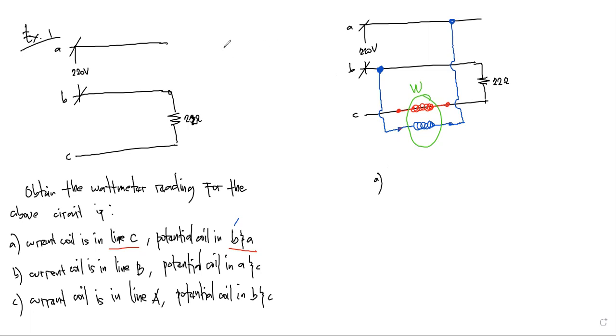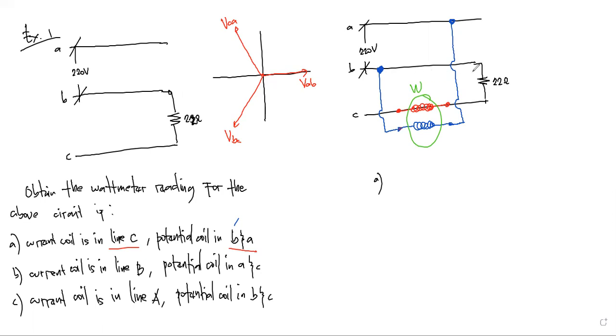That means we have to plot the line-to-line voltages. Assuming positive sequence, this would be the phasor: we have voltage VAB, voltage CA, and of course BC, separated by 120 electrical degrees.